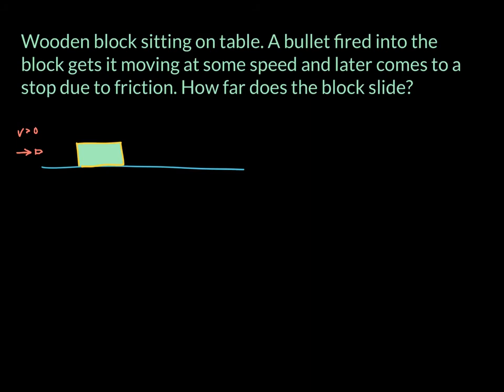It lodges itself in the block somehow, because bullets are kind of capable of doing that sort of thing. And then it gets the whole block moving. And the block goes some distance, x, before friction brings it to a stop.